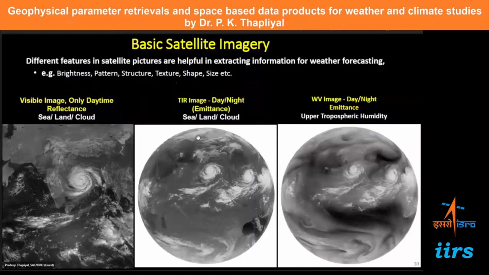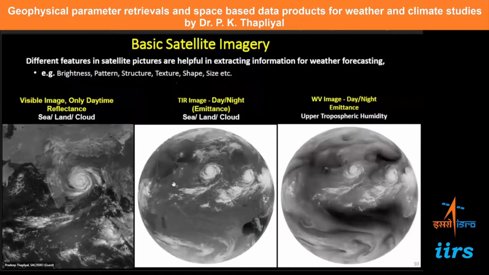So this is basically emitted radiation. If you want to interpret the bright regions here, it means that the emission over this clear region is from a warmer surface temperature.